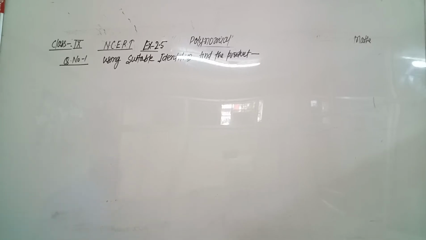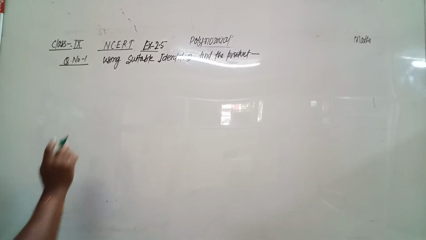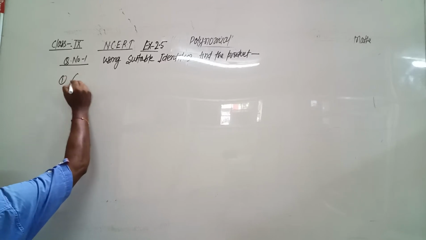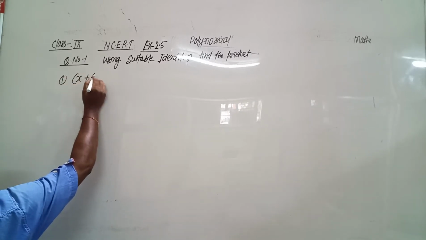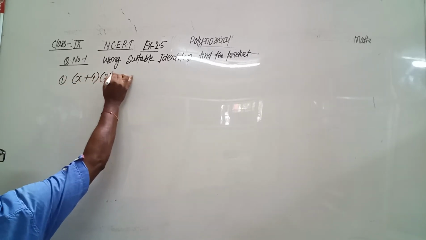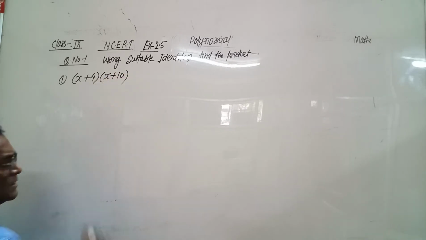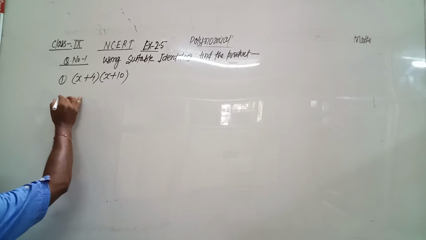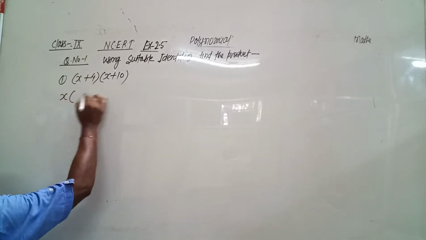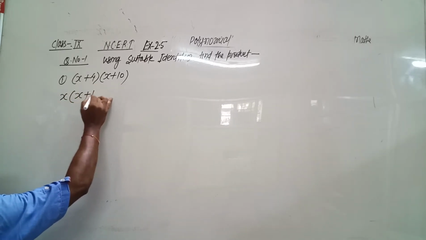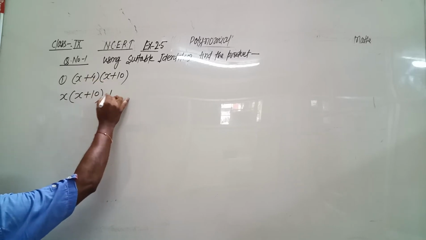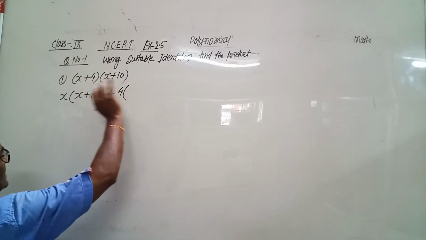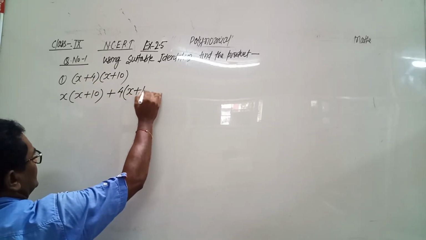The first part is x plus 4 and x plus 10. So, we will write the first term of the first bracket and the second bracket as it is. Then the second term of the first bracket and the second bracket as it is.